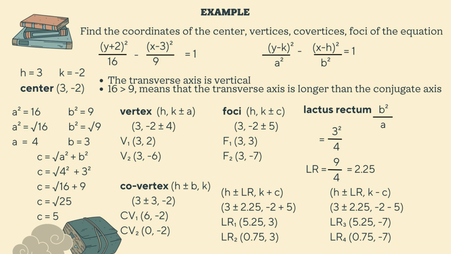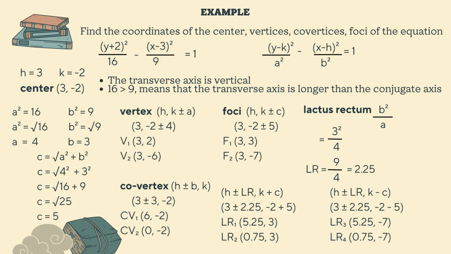(0.75, 3). And for the other ones, we have h plus minus LR, k minus c. h is 3, LR is 2.25, k is negative 2, and c is 5. So 3 plus 2.25 is 5.25, and 3 minus 2.25 is 0.75, and negative 2 minus 5 is negative 7.